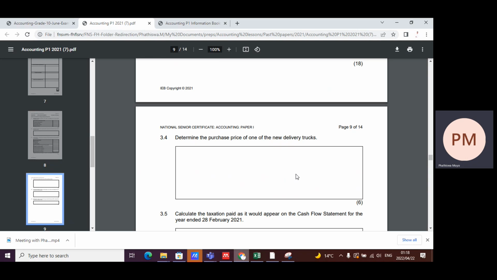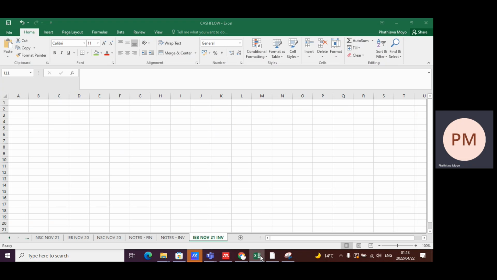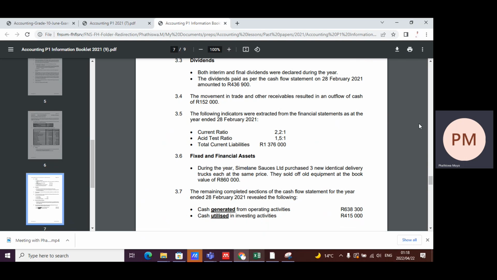So here they want you to calculate the purchase price for vehicles for 6 months. Me, I like knowing who the client is.